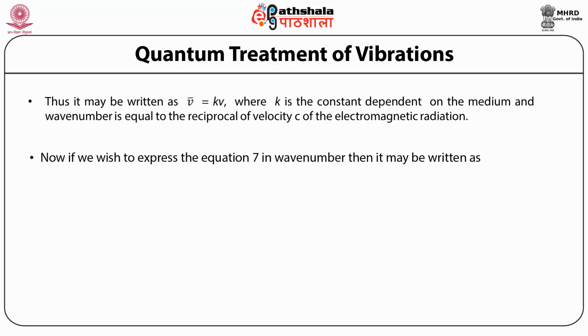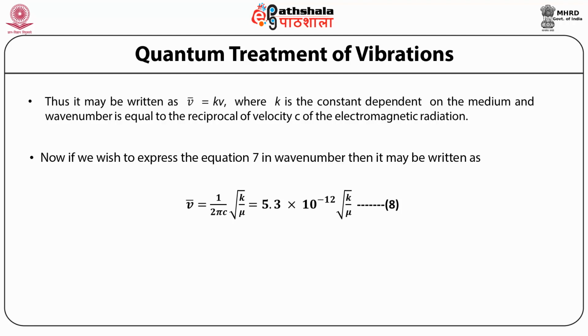Now, if we wish to express equation 7 in wave number, then it can be written as nu bar equals 1 by 2 pi c into root of k by mu.